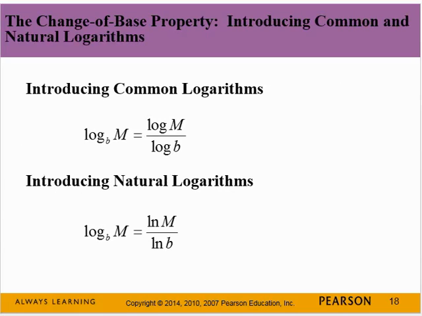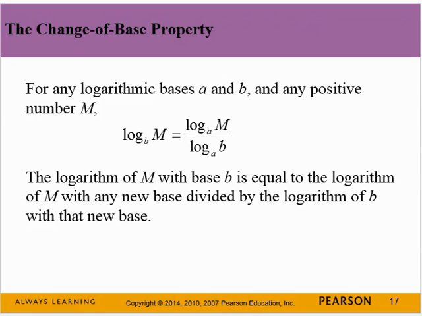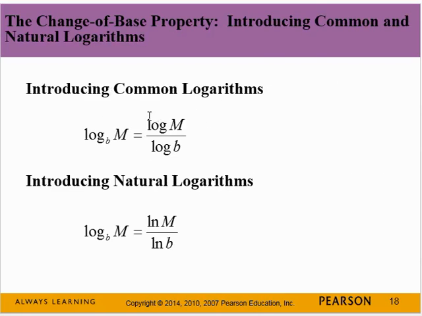Well, we're going to look at, so the common logs, log b of m is log m over log b, and natural log is log b of m is ln of m over ln of b. So if you look back at this one, you have an a. So in this case, since you're doing your common logs, it's going to just be sub b, so it's just log. Let's look at an example.